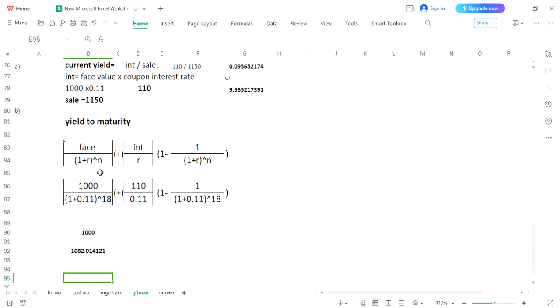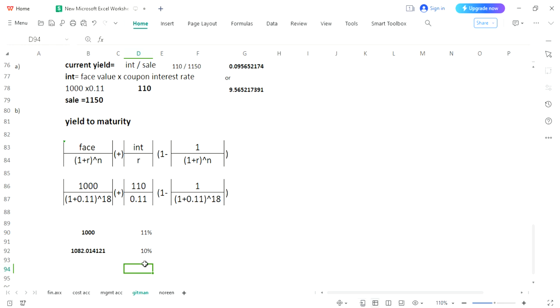For this we will have to decrease the rate as well. This was according to 11%. To increase the amount, we have decreased the rate. There is an inverse relationship. You have put 10% over here and still the amount is not according to our target. We need to increase the amount more.